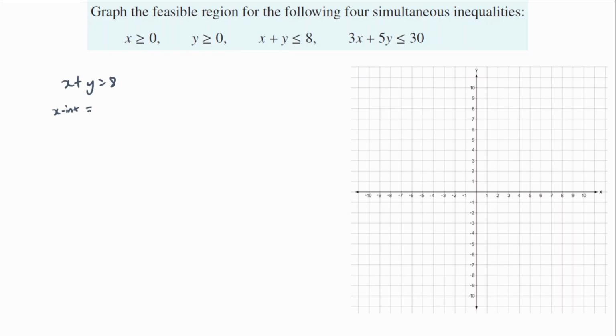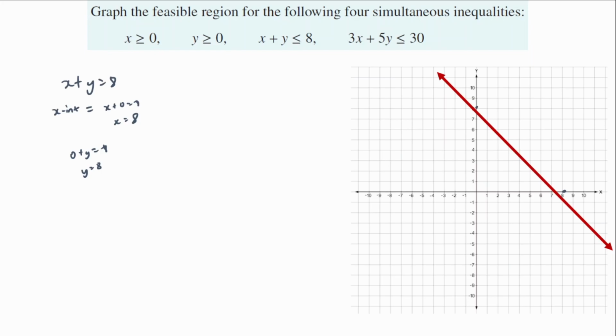So that gives me x plus 0 equals 8. So therefore x-intercept is 8. So just over here. And my y-intercept is when x equals 0, so that's going to be 0 plus y equals 8, which is y equals 8. So there we go there. And we're going to draw a line to connect those two. And there we go, that is our line. I've just fixed up that line a little bit.